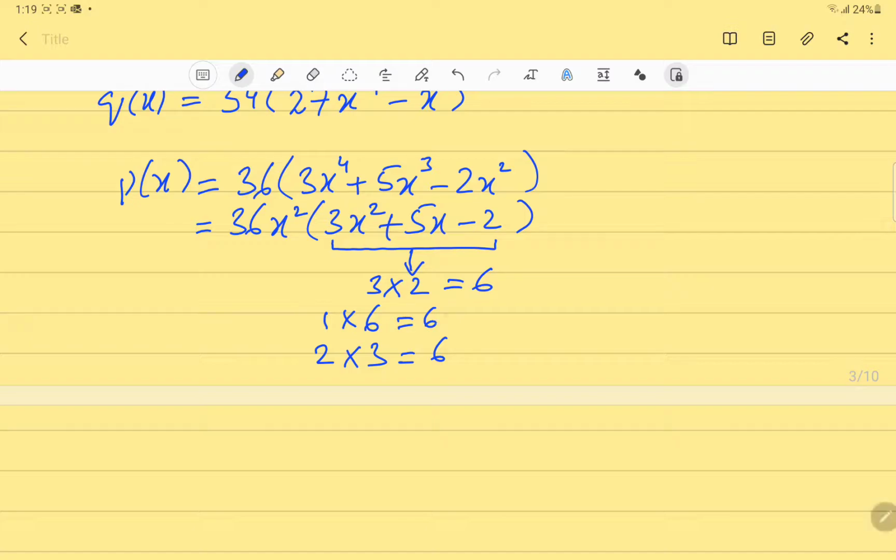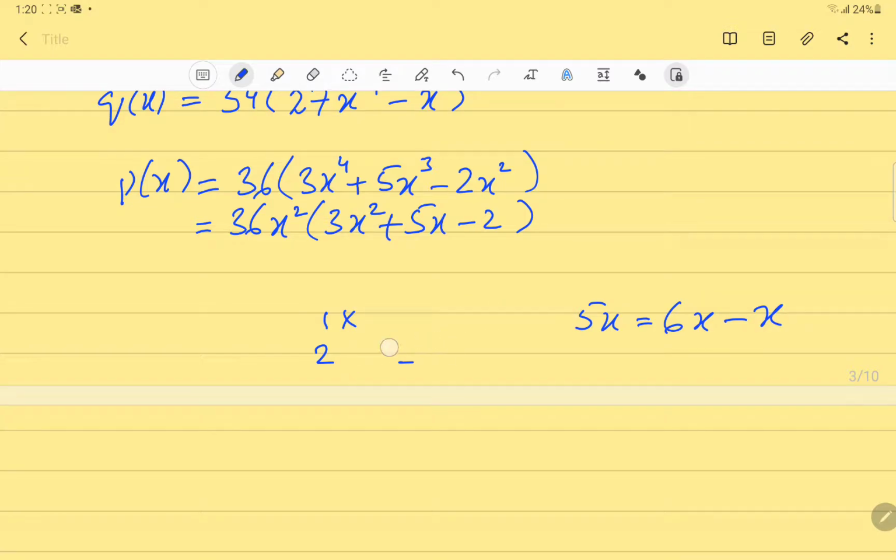Obviously the first one, because we need to get plus 5. So plus 5 we can get only by subtracting x from 6x. Instead of 5x we will write 3x squared plus 6x minus x minus 2.